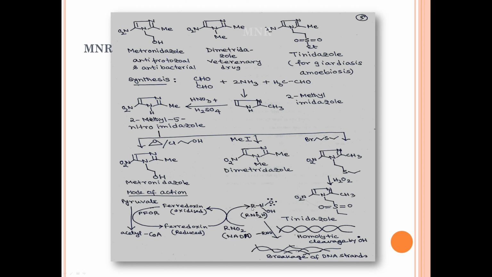By formula it is RNO2H. Now if this RNO goes, then we get the OH dot. The DNA double helix undergoes homolytic cleavage by the OH dot, and the DNA strand breaks. In that way these molecules act as DNA nicking agents.